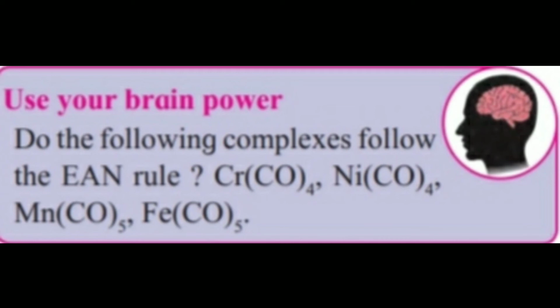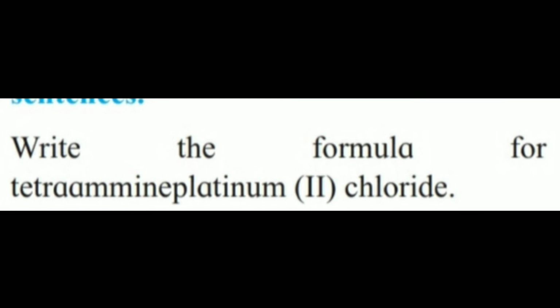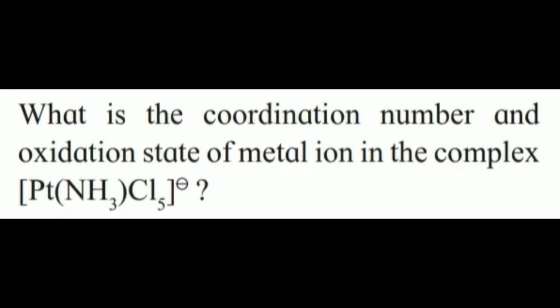First one is Cr(CO)4, second is Ni(CO)4, third is Mn(CO)5, and last one is Fe(CO)5. Next question is, write the formula for tetraammine platinum 2 chloride. Next question is, what is the coordination number and oxidation state of metal ion in the complex Pt(NH3)3Cl3 minus?